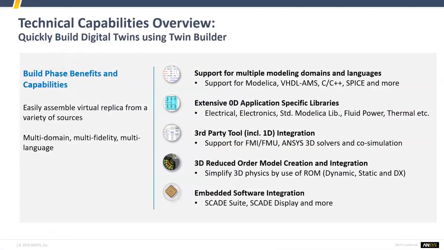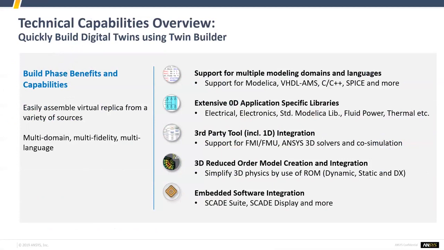Talking about some key capabilities, getting a little bit deeper into the technology side. On the build phase, we allow our customers to build a number of system models by using a number of different domains and languages.